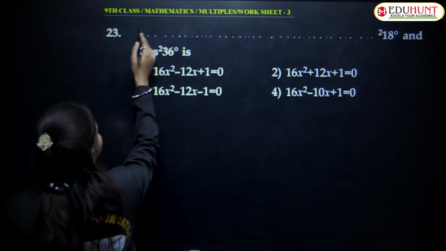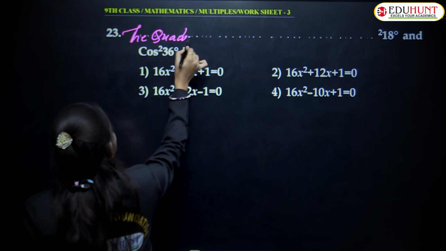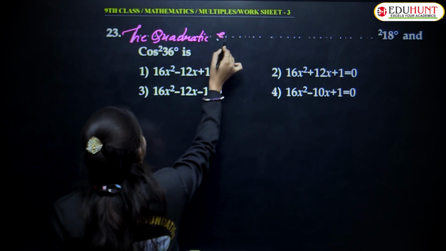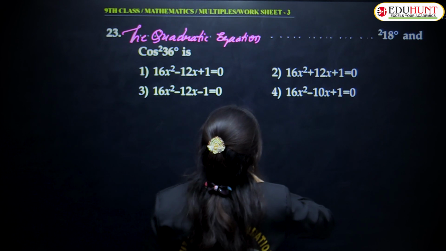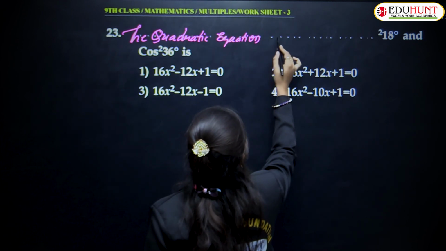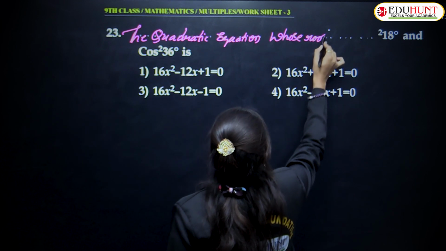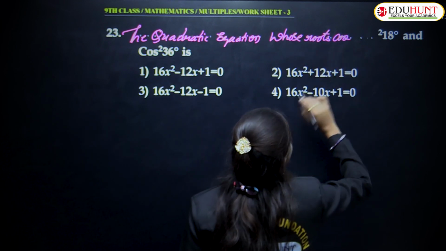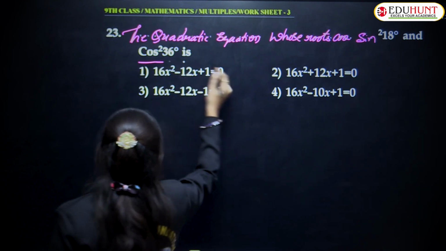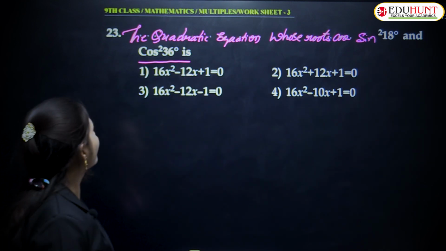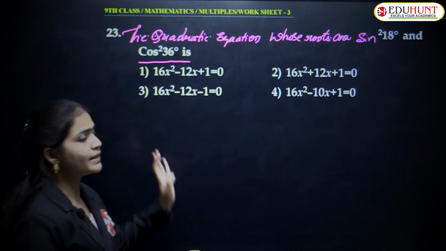Find the quadratic equation whose roots are sine square 18 degrees and cos square 36 degrees.